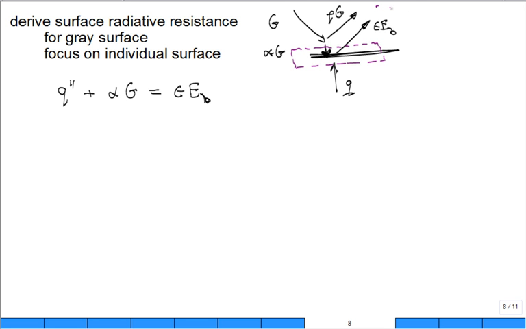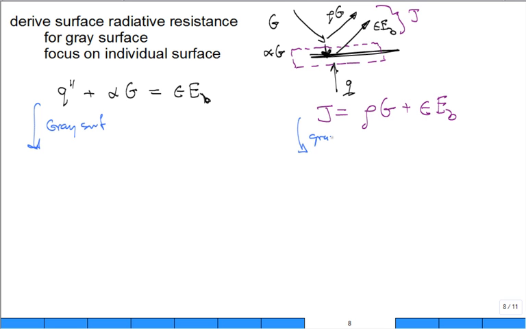Now, let's get to another equation. This other equation is the definition of J. What is J defined as? J is equal to rho G plus emissivity EB. Does that make sense? At this point, you want to say that both of these equations are going to be modified assuming a gray surface.